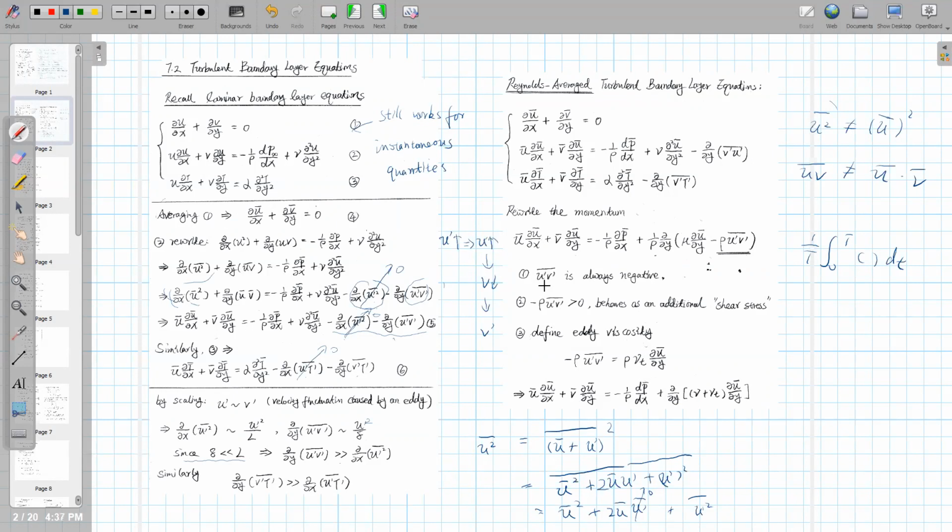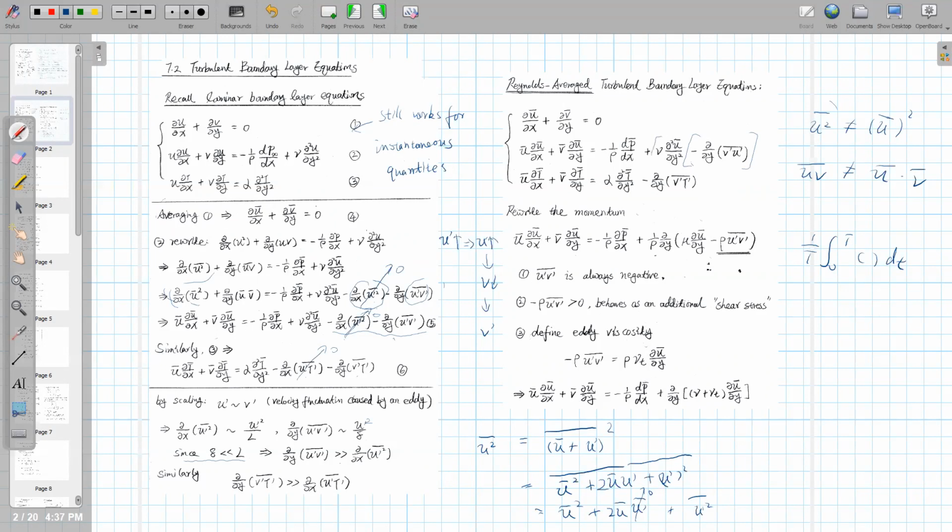So this correlation is always considered negative, and with the minus sign here, the whole term tends to be positive.